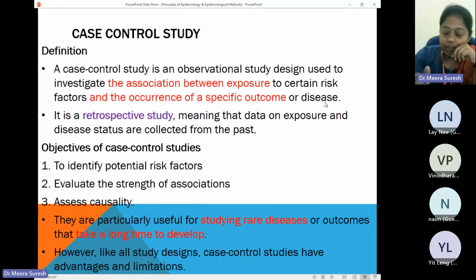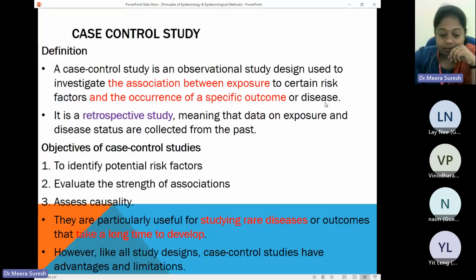You are exposed to smoking, and you end up with the outcome, that is lung cancer. So when we did the descriptive epidemiology about lung cancer, the people who described it ended with a sentence like this: smoking may be an etiological factor for lung cancer.